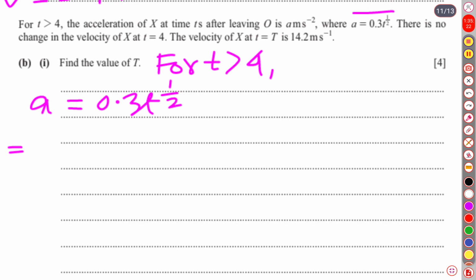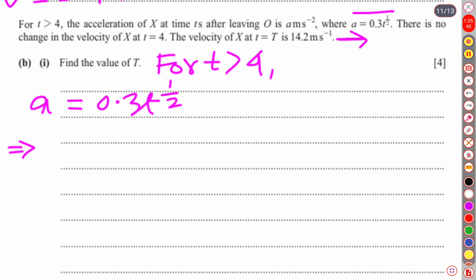Then from acceleration we will have to go back to velocity. How can we find the velocity from acceleration? Because they have told us to find the velocity, that's why we are turning the acceleration to velocity.